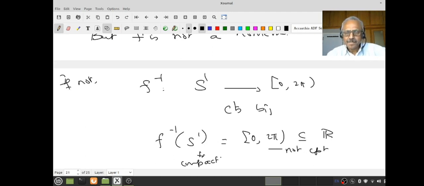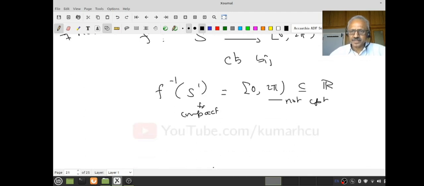You follow that? Why is this not compact? We have seen that in any metric space, if a set has to be compact, it has to be closed and bounded.